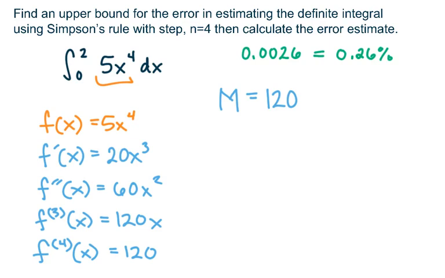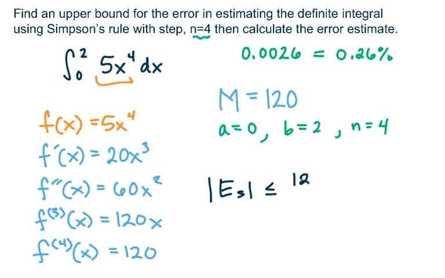Now, we know what my a value is. a is 0, b is 2, and n, which of course was given, was 4. So if we go to use our error estimation with Simpson's rule, the magnitude of that error is going to be less than or equal to 120 times (b minus a) to the fifth over 180 n to the fourth.